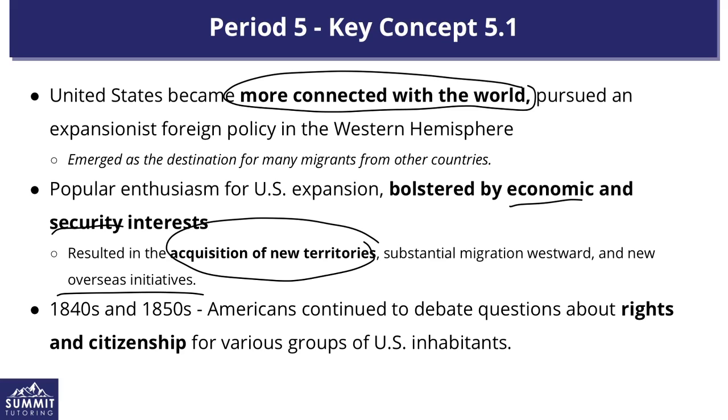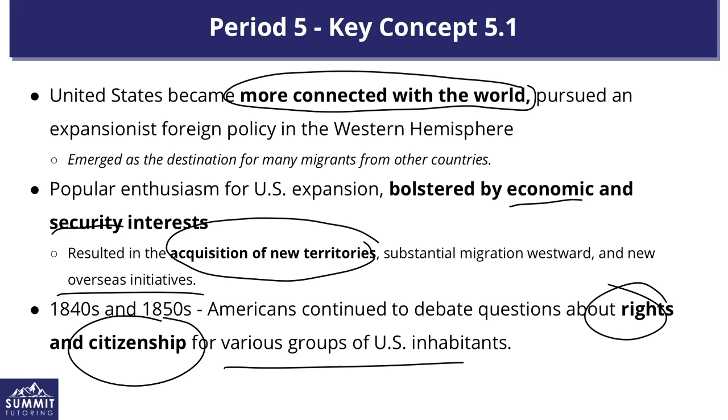In the 1840s, 1850s, we're going to see that Americans continue to debate questions about rights and citizenship amongst the other people that are living in the U.S., those various groups of U.S. inhabitants, like the Native Americans. They're going to consider what that's going to look like for them.